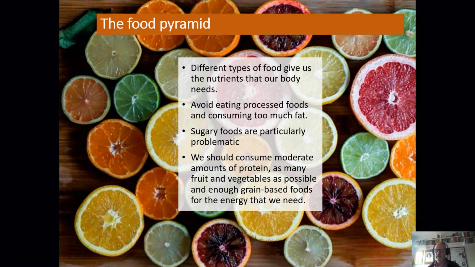So it's a very complex web. We are going to talk in a lot more detail about the pros and cons of the current situation in terms of the food system.